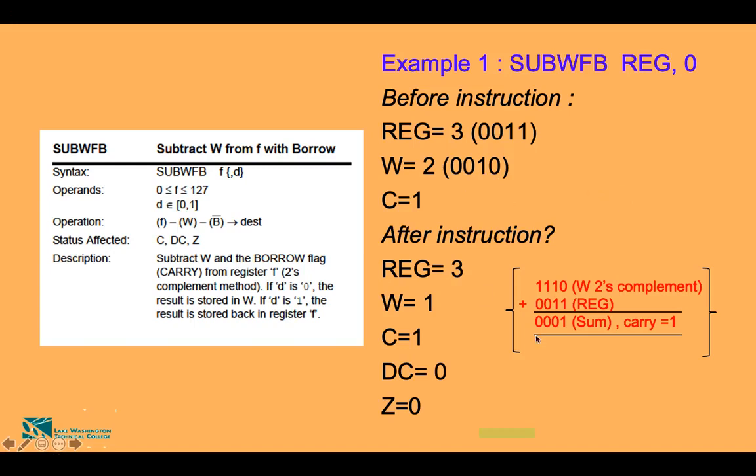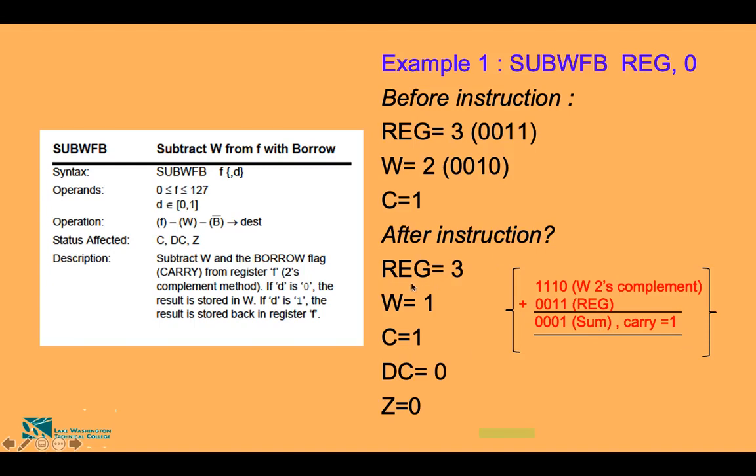So this is my 2's complement after doing that operation. And then if you have the 2's complement, you just have to add it to the file register value. File register is 0011, and if you add them up, you will have 0001, which is the sum, and there will be a carry of 1.